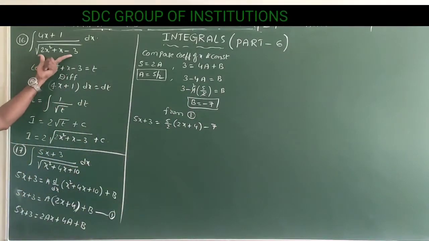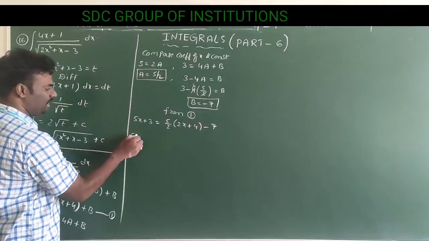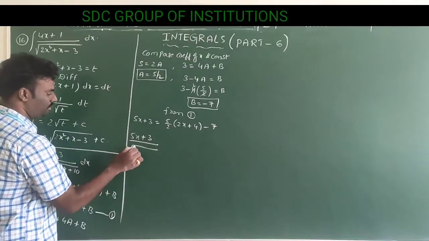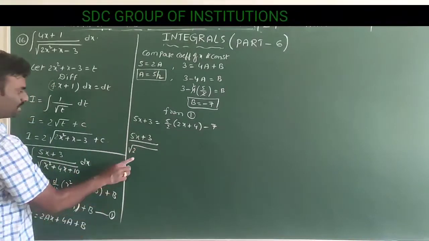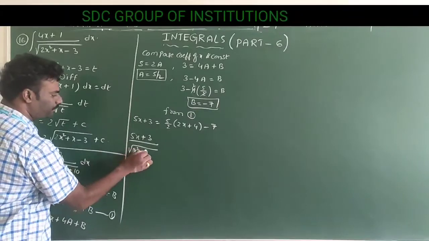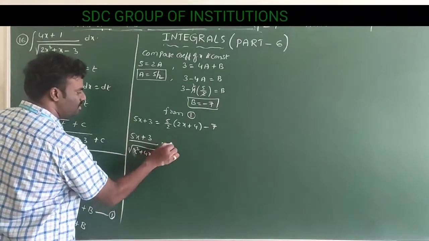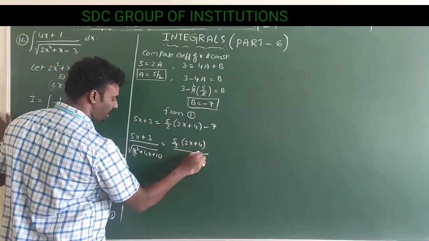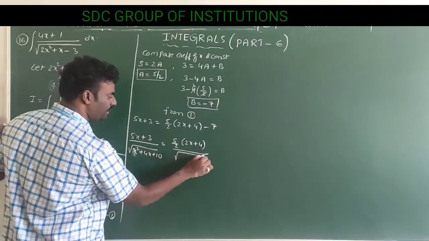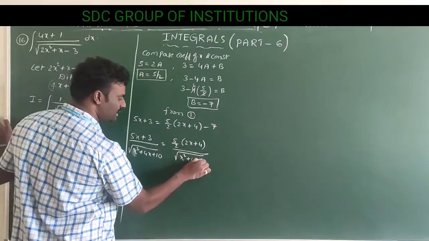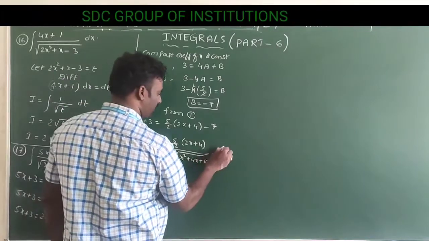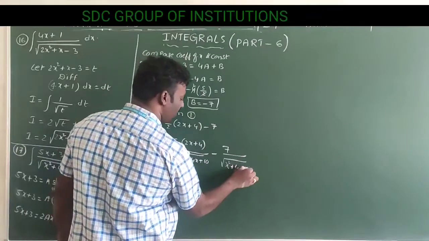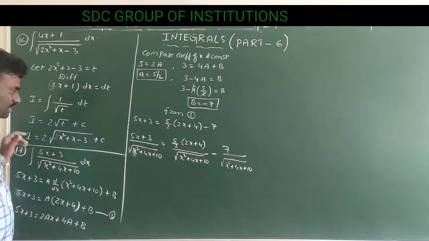Now divide both sides with under root of x square plus 4x plus 10. So 5x plus 3 by under root of x square plus 4x plus 10 is equal to 5 by 2 into 2x plus 4 by under root of x square plus 4x plus 10 minus 7 by under root of x square plus 4x plus 10, integrating on both sides.